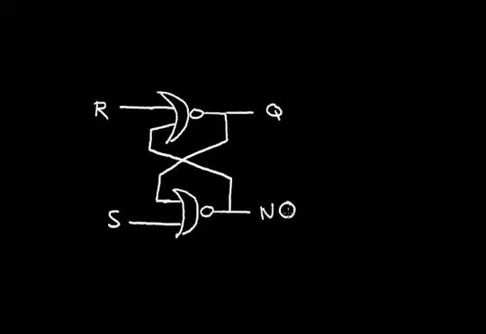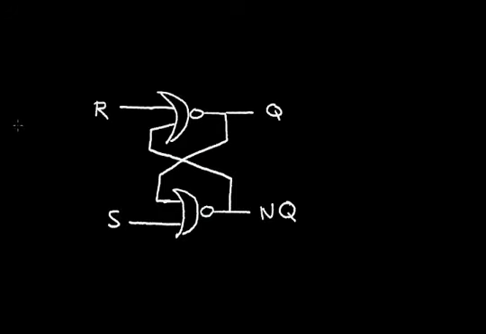Connect this output over to this other input. And let's change this to reset. And this we'll call set. And let's label this as Q and not Q.